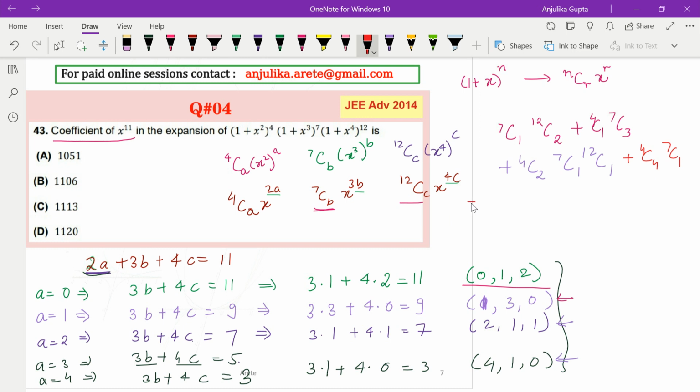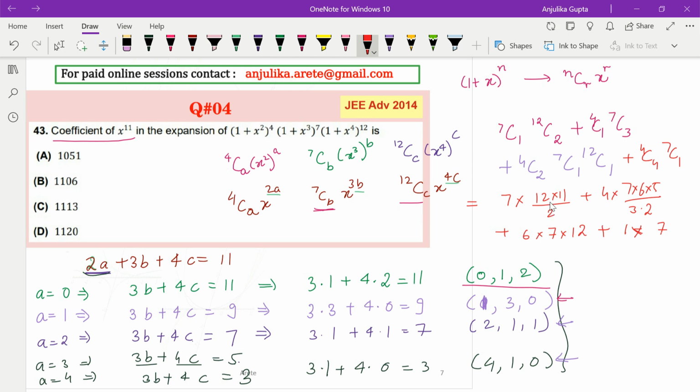You just need to compute what these values are. 7C1 is 7, 12C2 is 12 into 11 over 2 factorial, that's 66. 7C3, you just compute that: 7 into 6 into 5 over 3 factorial, that's 35. And from here you get 4C2, that's 6. 12C1 is also 12. 4C4 is 1, and 7C1 is also 7.